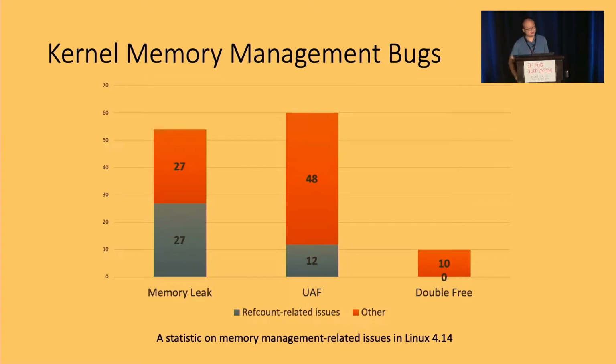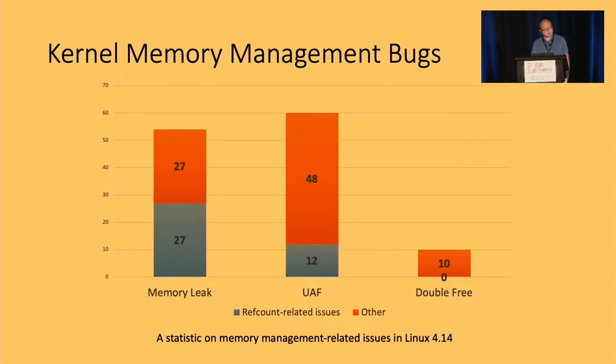The kernel already tries to mitigate these problems by introducing a reference count, to track whether there are still live pointers to a kernel object. If there is a live reference to the kernel object, then we try not to free it, and not to double free it.